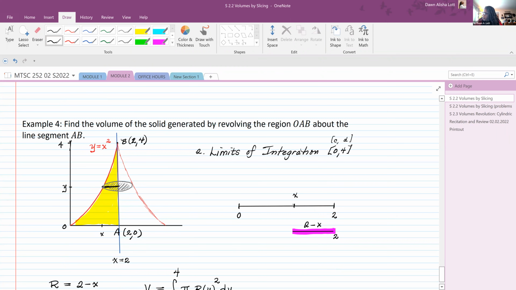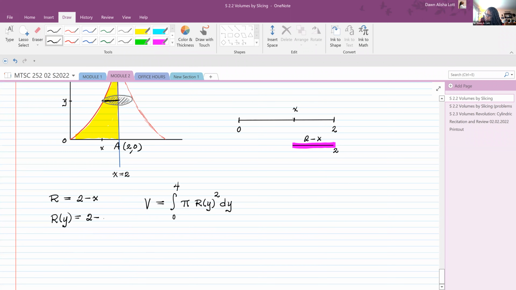X is the square root of y. So x is the square root of y, since y is equal to x squared, x is equal to the square root of y. All right, so now I got an integral.